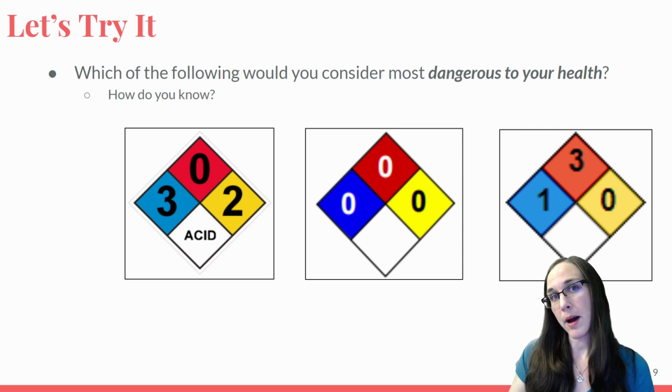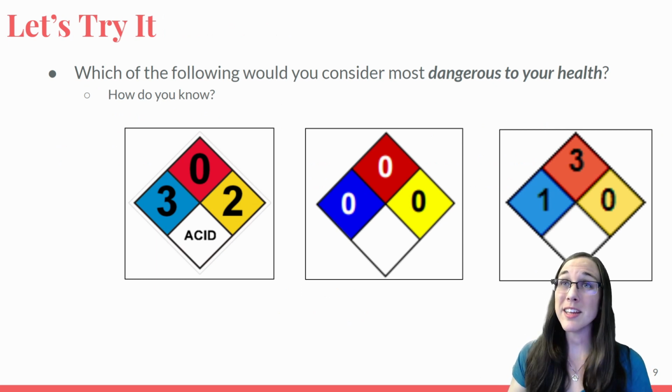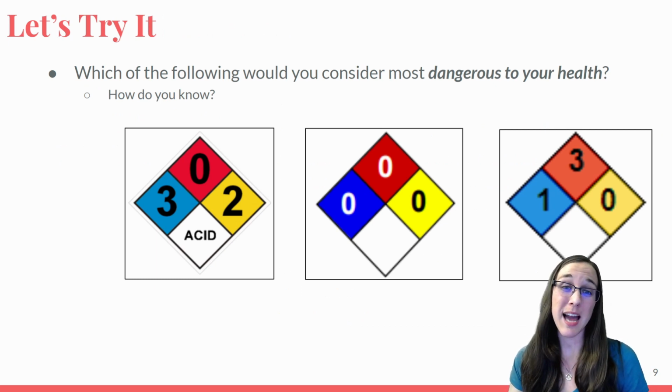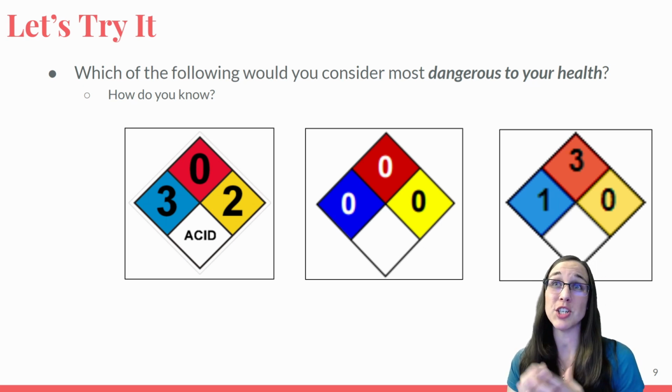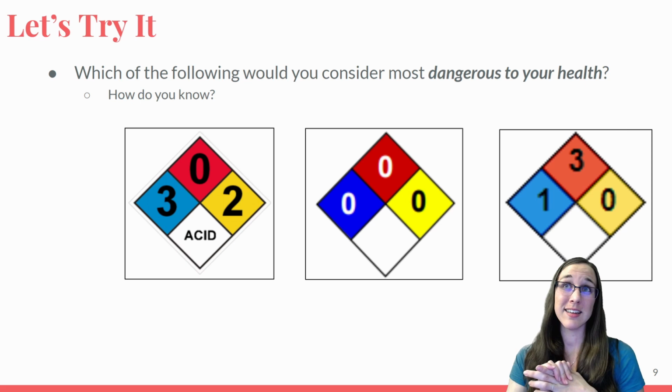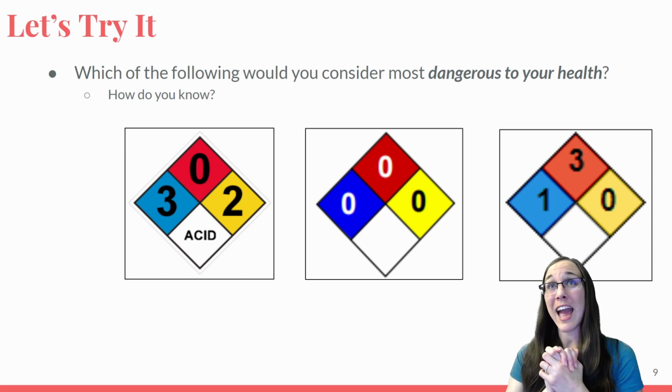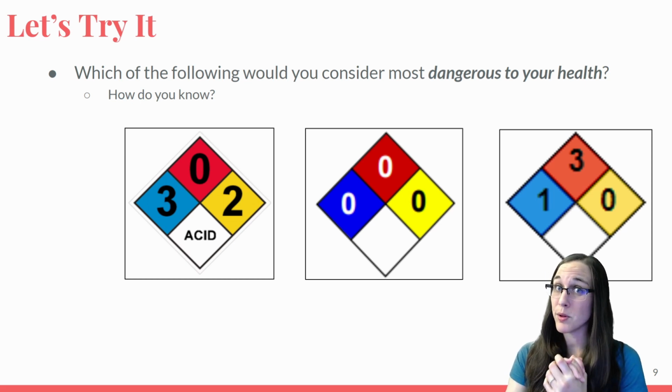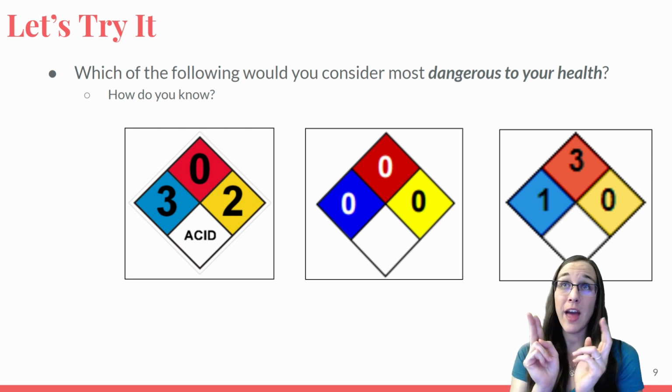So after learning about what each quadrant means, let's look at these 3 NFPA labels behind me, and let's think about which one would be most dangerous to your health specifically. Which one would cause the most damage to your health and why? Hopefully you're looking at the blue region. The blue region is the one that is health hazard.